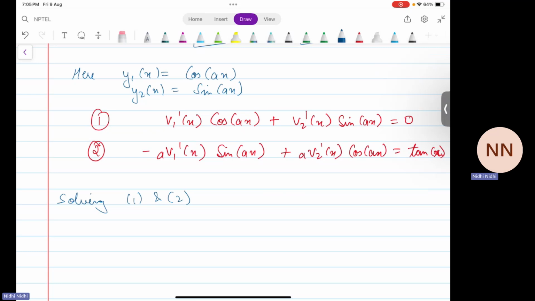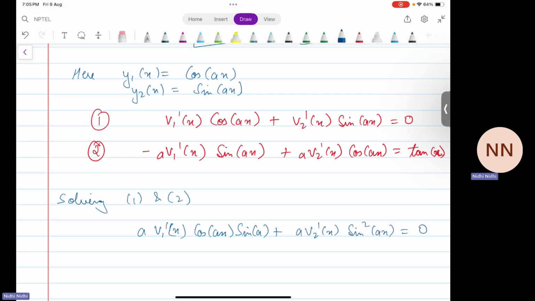So we'll multiply the first equation by a sin ax. That would give us a v1 dash(x) cos ax sin ax plus a v2 dash(x) sin square ax is equal to 0.